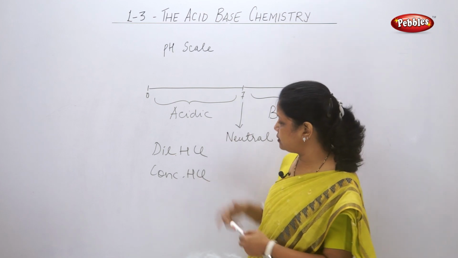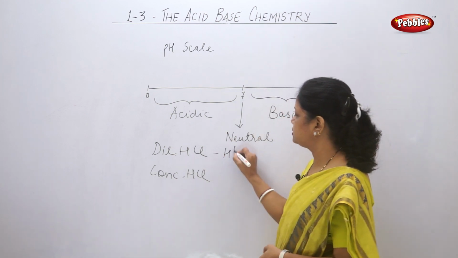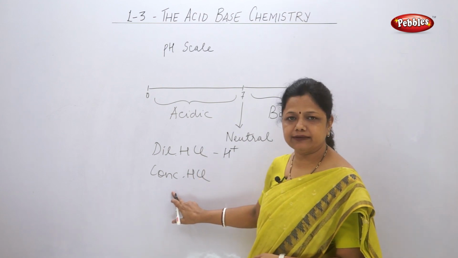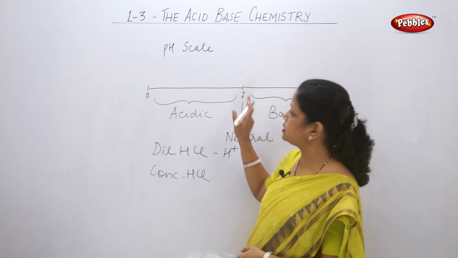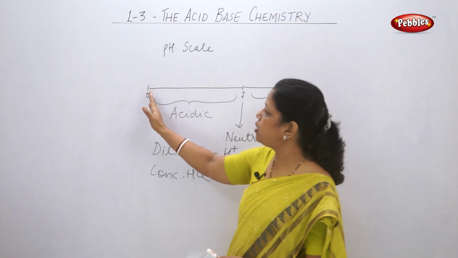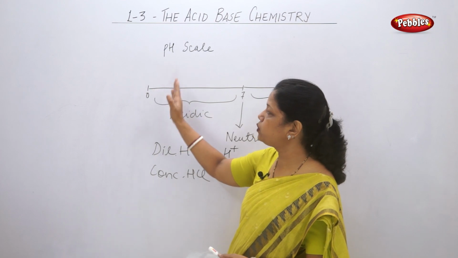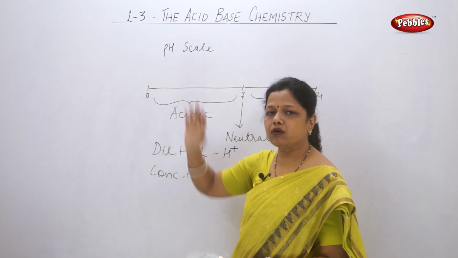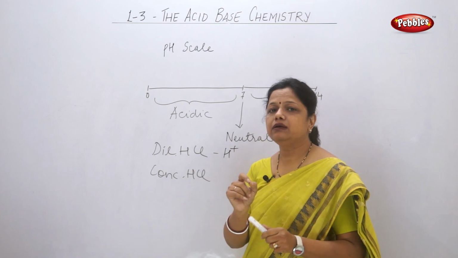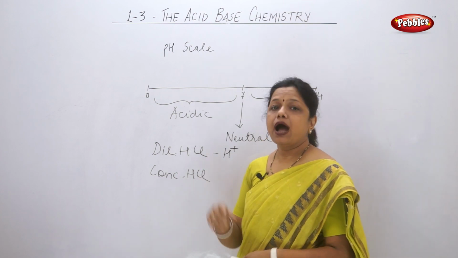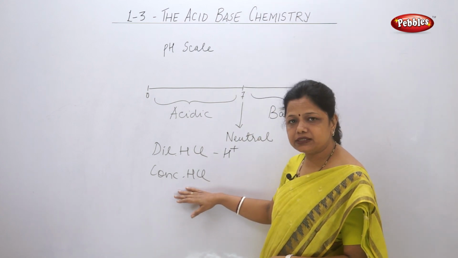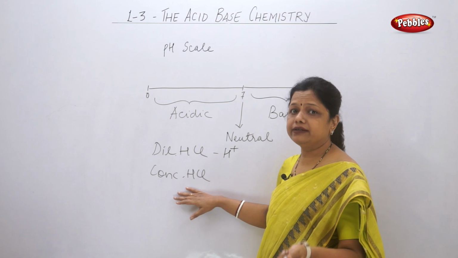Because the H ions in dilute HCl are less as compared to concentrated HCl. On a pH scale, concentrated HCl will be around pH 1 or 2. Am I right or am I wrong? You have to think in theoretical terms. Is the hydrogen ion concentration more in concentrated HCl? I say yes, it is more.